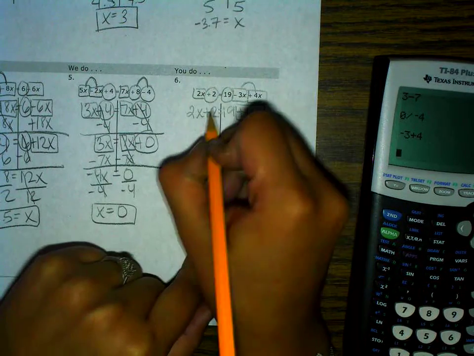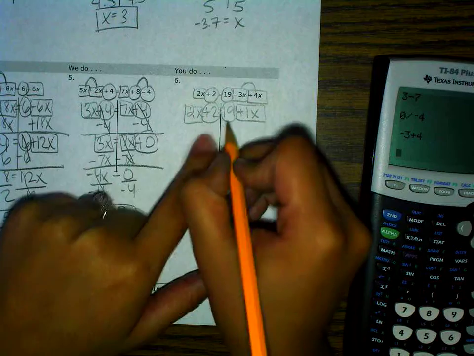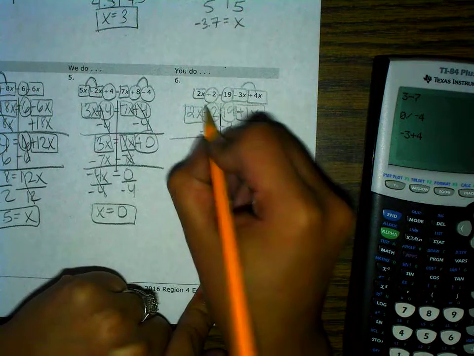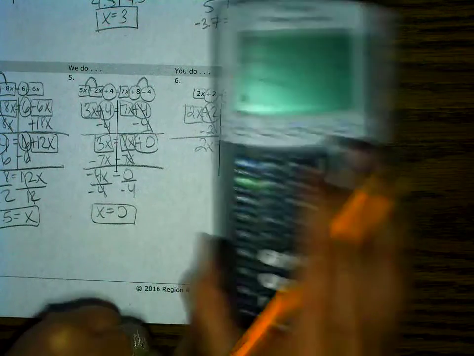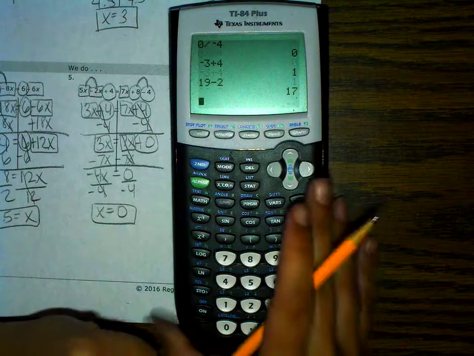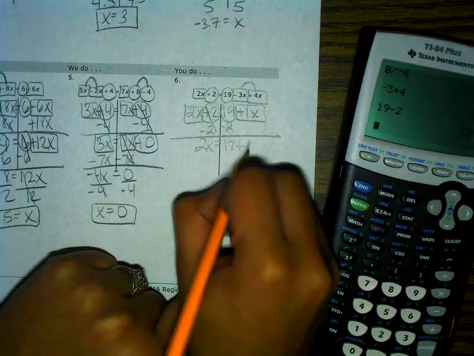Box here, circle, circle, box. So then I'm going to subtract 2 to get rid of this 2. 2x remains equals 19 minus 2 is 17, and then plus 1x.